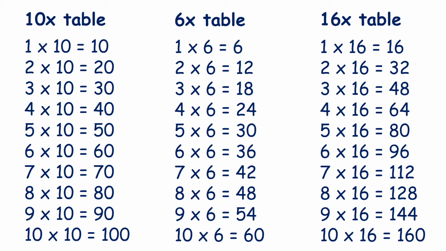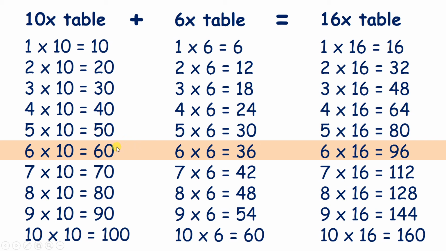So just as our 10 times table plus our 2 times table equals our 12 times table, our 10 times table plus our 6 times table equals our 16 times table, because you can partition 16 into 10 and 6. So for 6 times 16, we added 6 times 10 and 6 times 6.